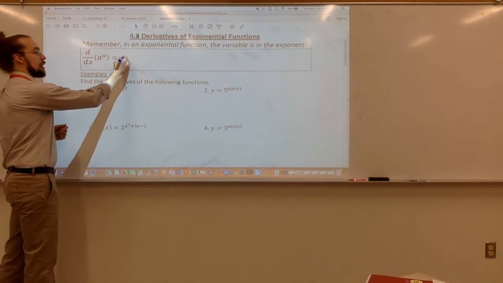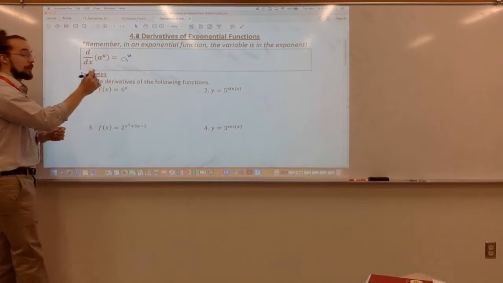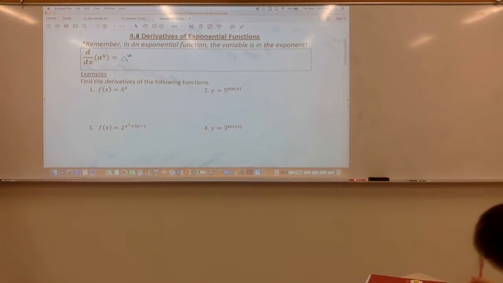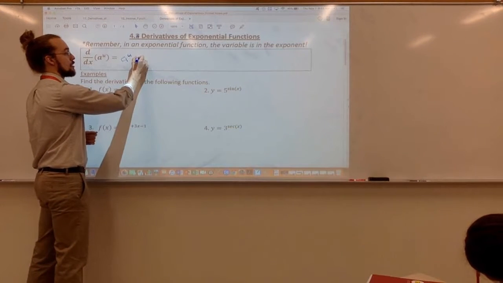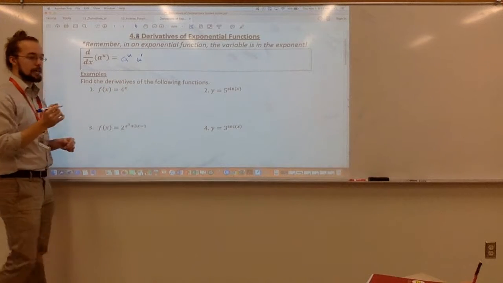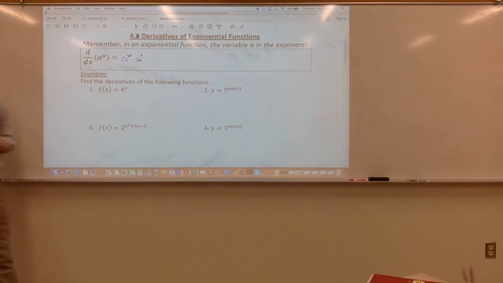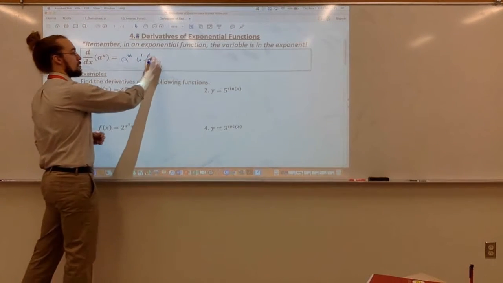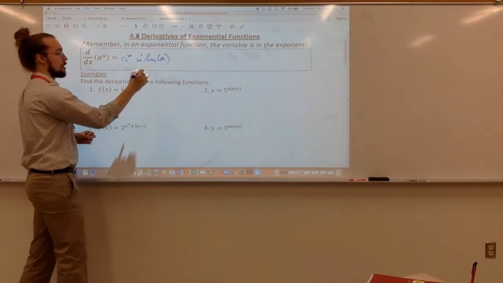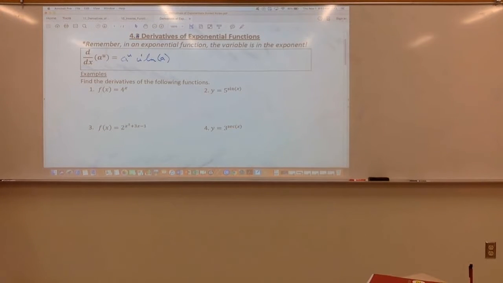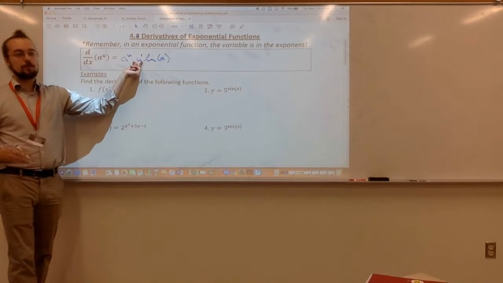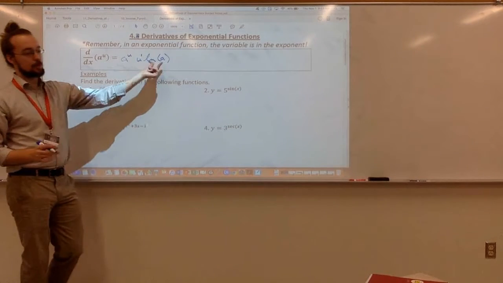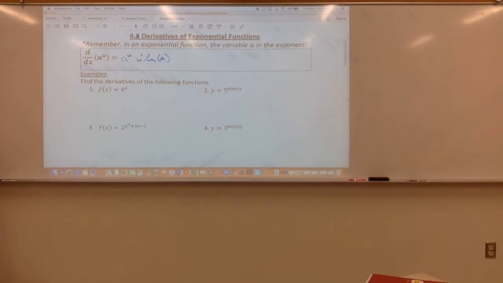The derivative of that is e to the u, just rewrite the entire exponential function, times the derivative of the exponent, u prime, times the natural log of the base.